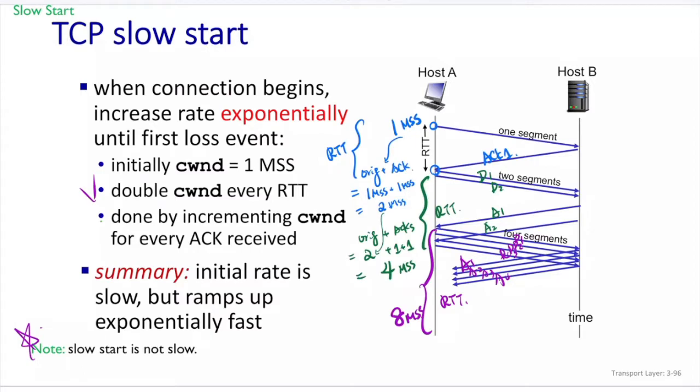By using that, we can incrementally increase our congestion window size, and increase our TCP transmission rate to probe the current transmission capacity of the internet from A to B. That is the initial start we call slow start.